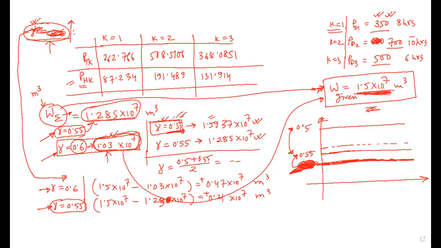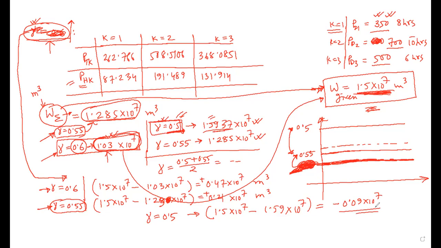Whereas in this case, what is the error? For gamma equal to 0.5, the error would be negative, because it is 1.5 into 10 to the power 7 minus 1.59, let's take 1.59, into 10 to the power 7. So it is minus 0.09 into 10 to the power 7. This is negative.